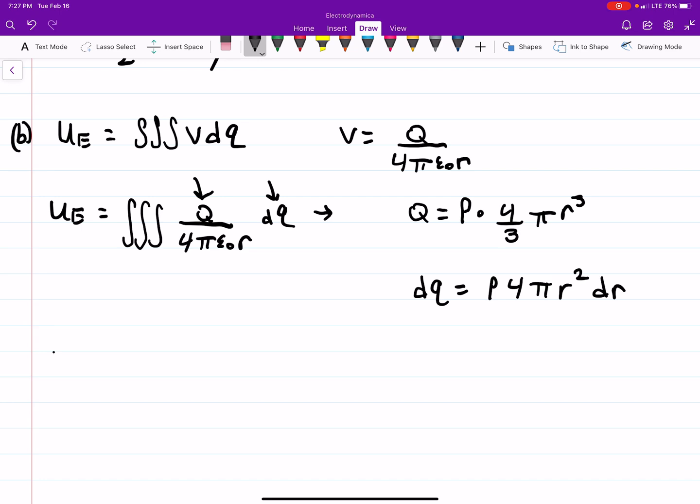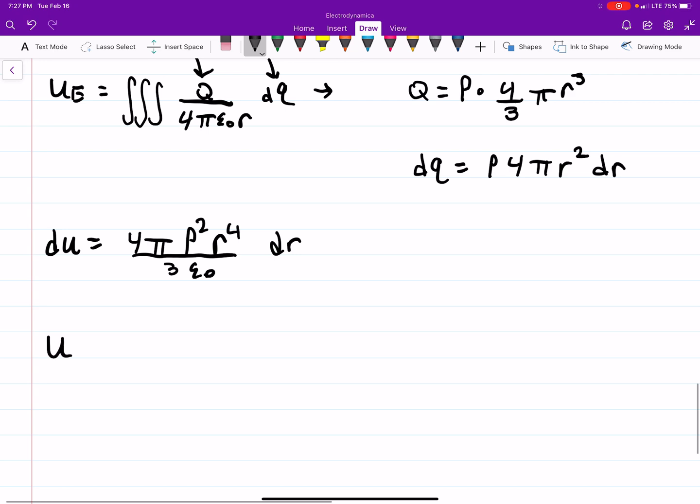You could imagine that our dU, by taking the derivative, we just plug everything we have in there. So we're not worried about the integral in this part. And let's see, you plug in your Q and your dQ, and you get 4 pi rho squared r to the 4th over 3 epsilon naught dr. Okay, so that's just substituting our Q and dQ in.